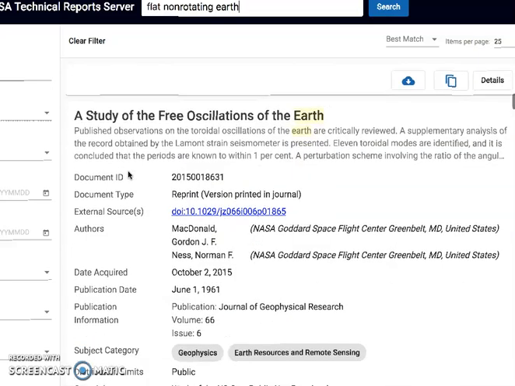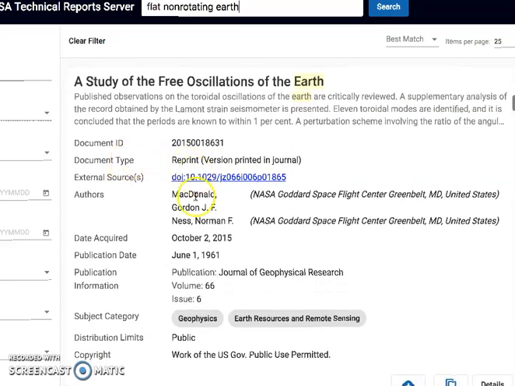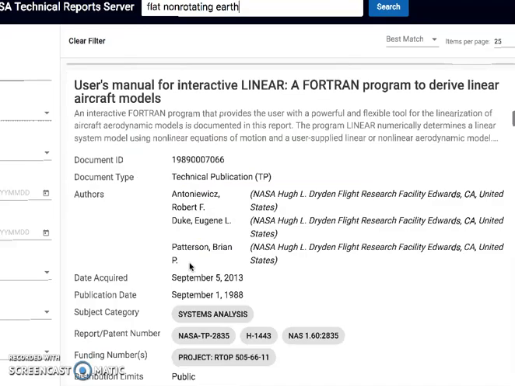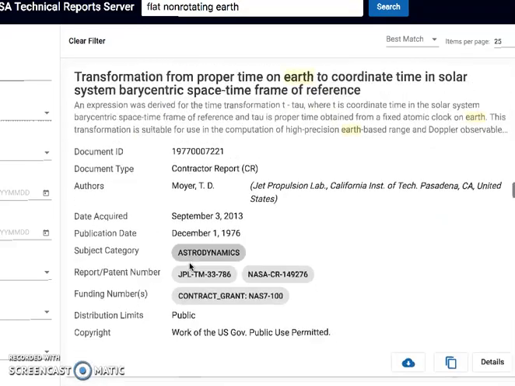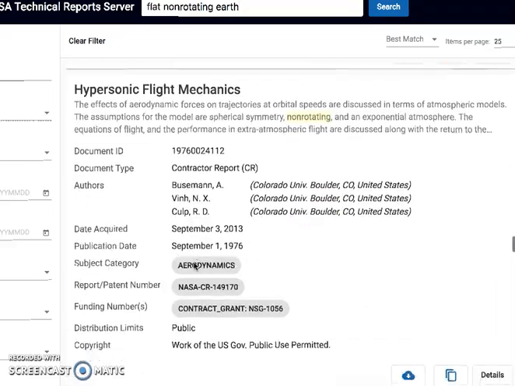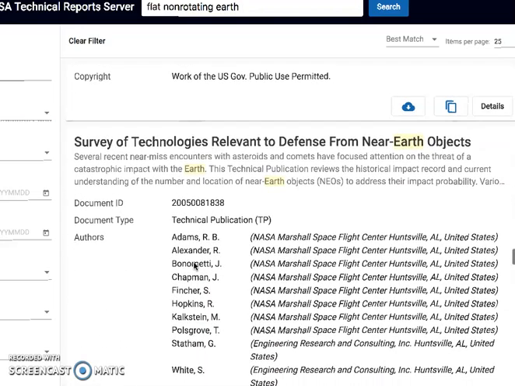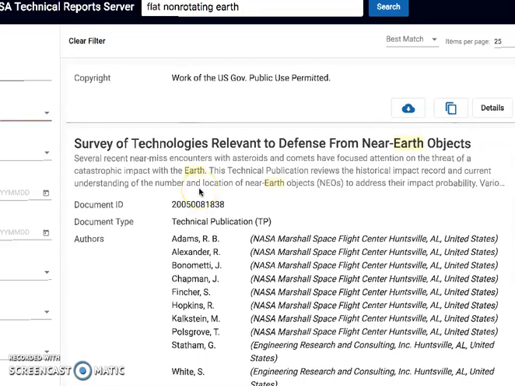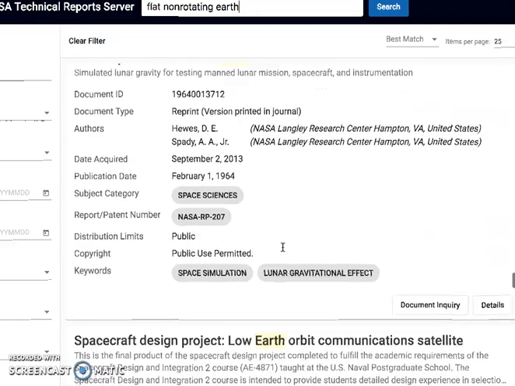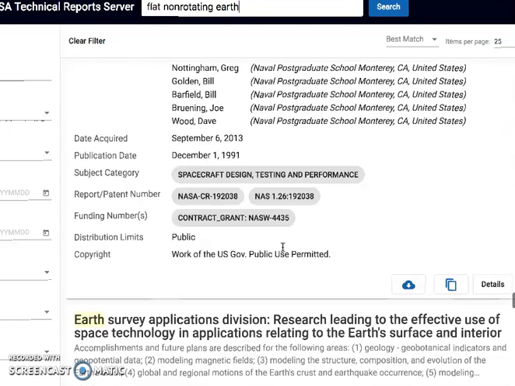Now, these are all interesting, but I want to see the grant, because the grant is what shows the money involved. Why would they put money into studying a flat Earth if the Earth wasn't flat?